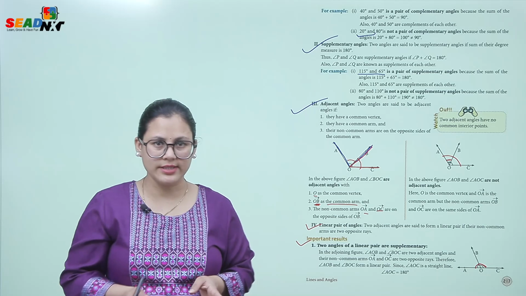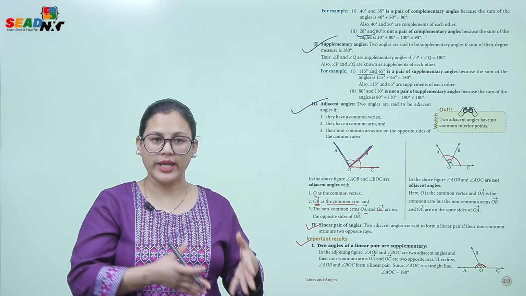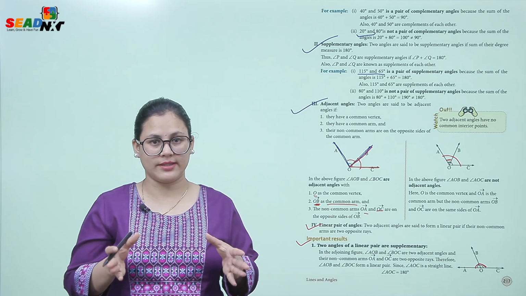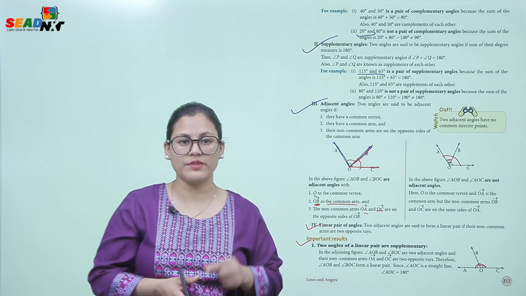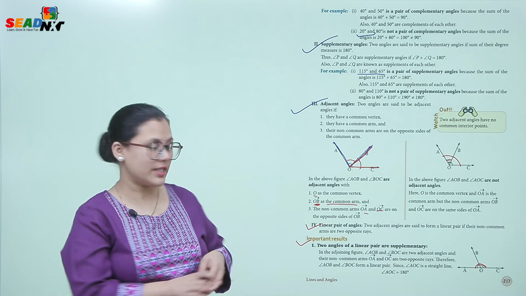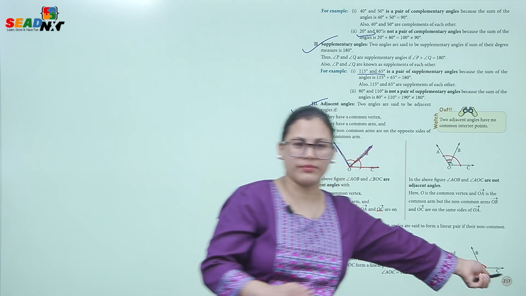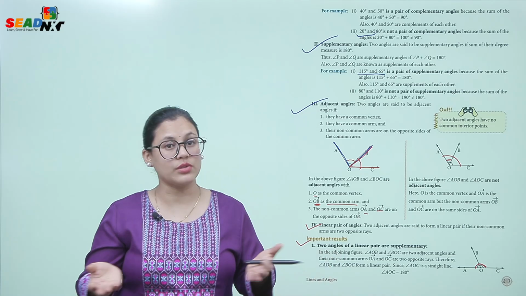These are two adjacent angles and their non-common arms, that is OA and OC, are two opposite rays. Therefore, angle AOB and BOC form a linear pair since AOC is a straight line. That means angle AOC is equal to 180 degrees.